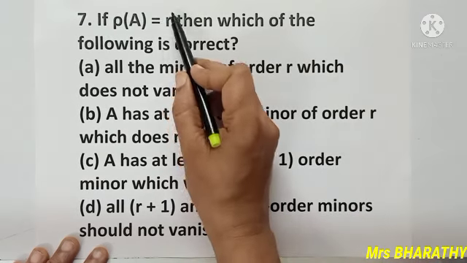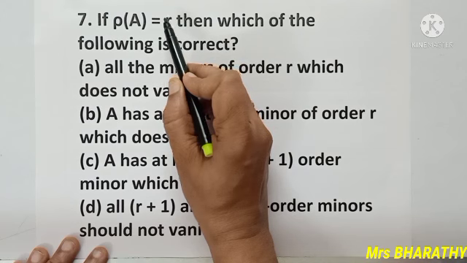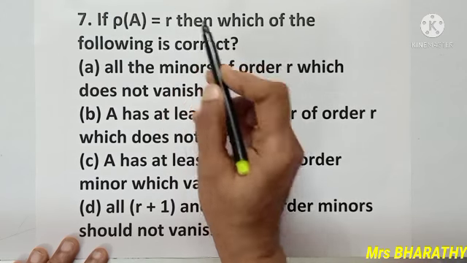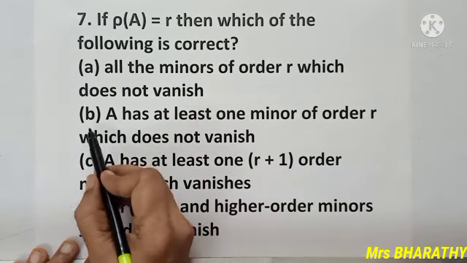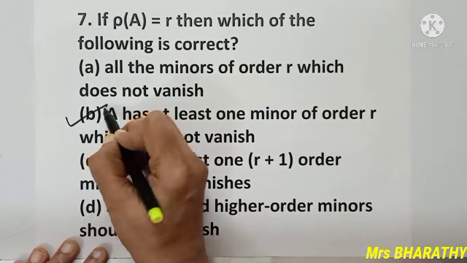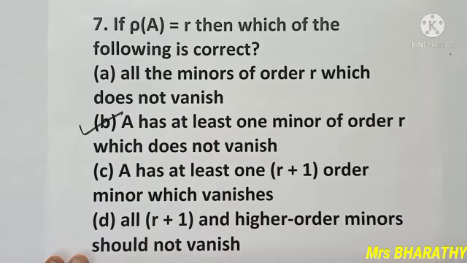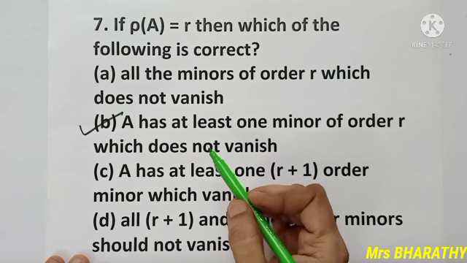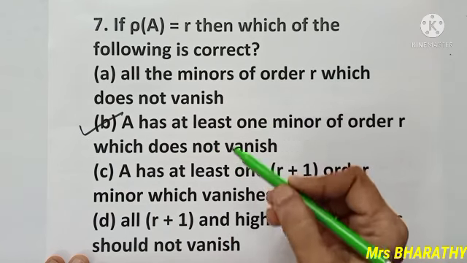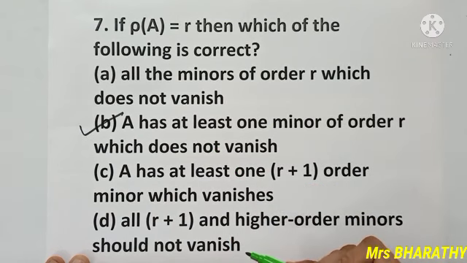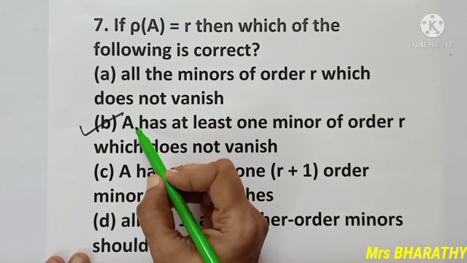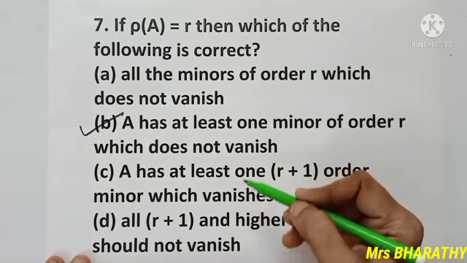At least one minor of order R that does not vanish. So we have B option to be the right choice. At the same time, let us check the other options are wrong. We know this is the right option. Anyway, let us check the other 3.